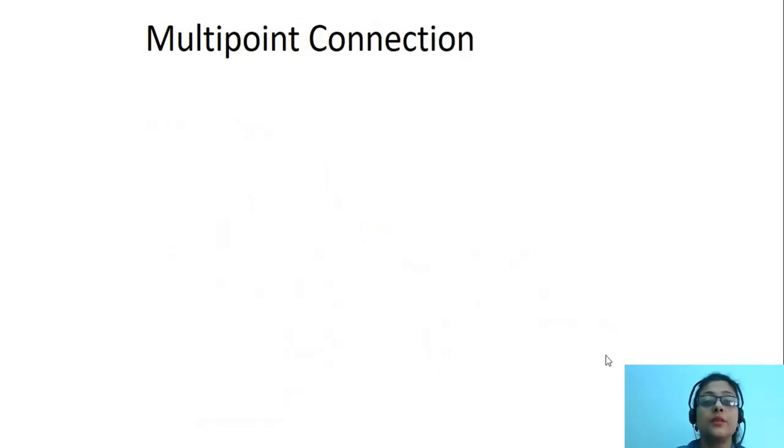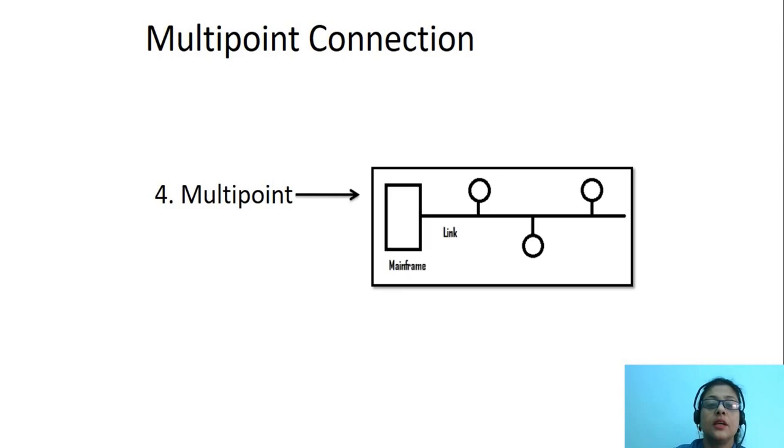Next we go to multipoint connection. Let's look at this diagram here. In the multipoint connection, the diagram shows that we have a mainframe over here, and from the mainframe there is a link to which various nodes are connected.